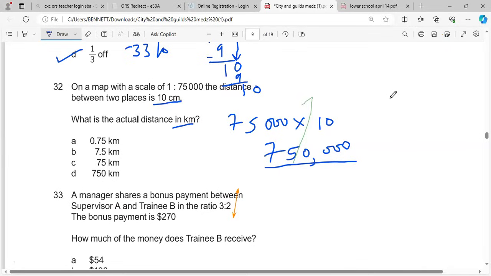1,000. Hold on. It's from centimeter to kilometer, not meter. All right, look at it. You have 100 centimeters equal 1 meter, and then you have 1,000 meters, which gives you 1 kilometer.